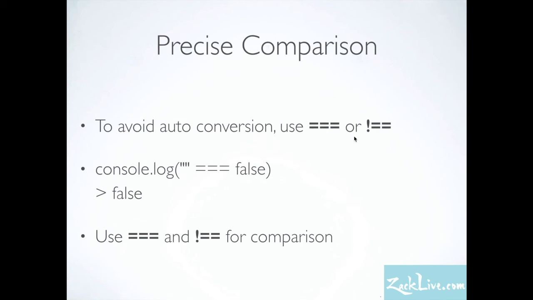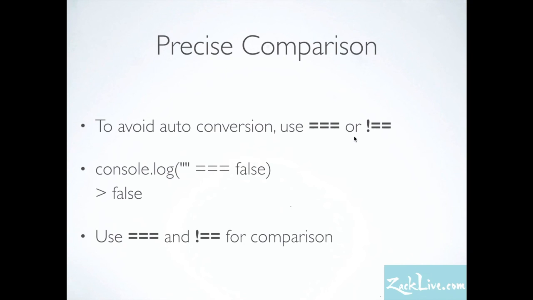Another thing you need to know is precise comparison. Remember, when you do equals to, you use two equal signs. If you want to avoid auto conversion, you can use 3 equal signs. It means precise comparison. It will not try to convert types.